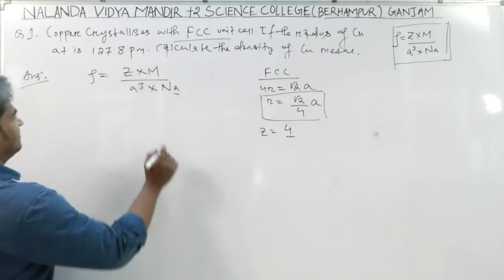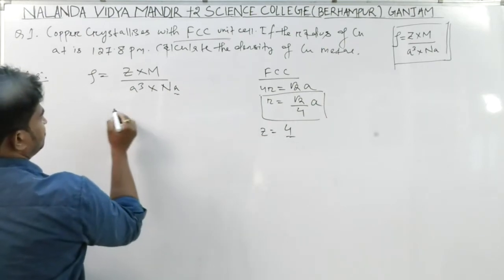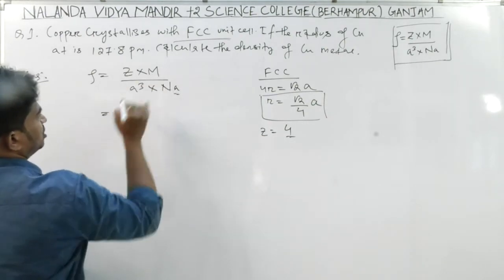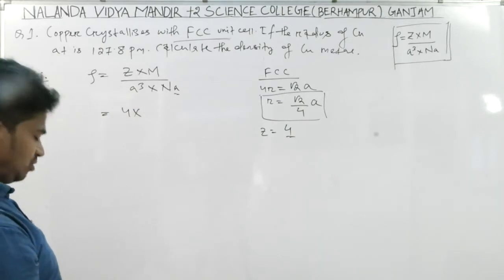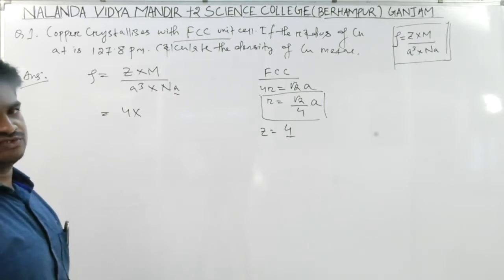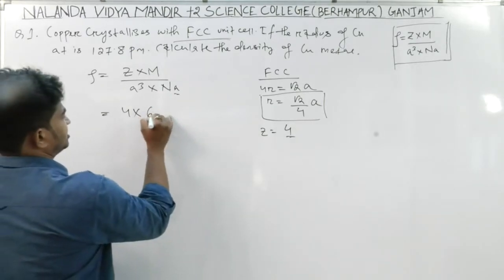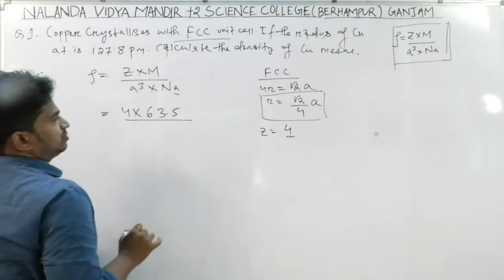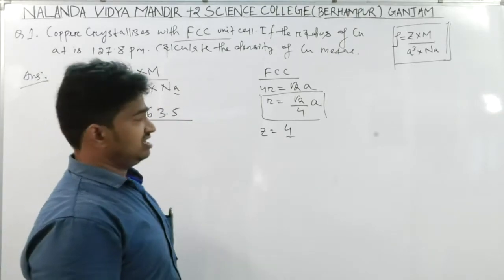Okay, so by placing the value, Z is 4, into molecular mass. What would be the molecular mass of copper? That will be 63.5 divided by AQ. What would be the edge length?